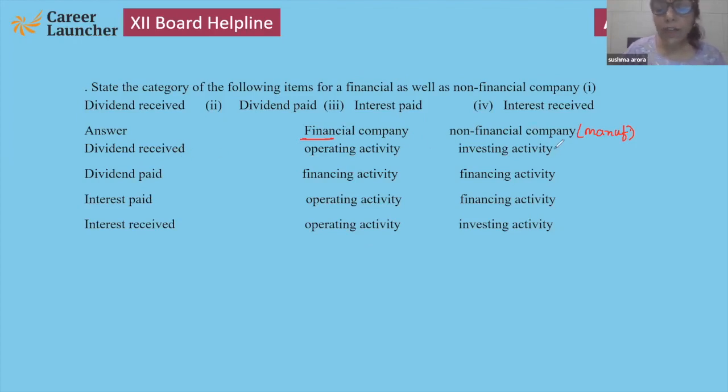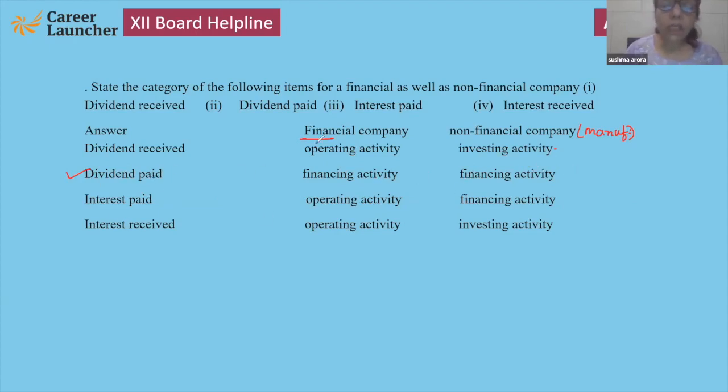that is investing activity for manufacturing company, as I gave you the example of COVID Pharma. But for financial company, it is operating activity. Dividend paid is financing activity for both. Please be careful about that, because maximum students are confused here.